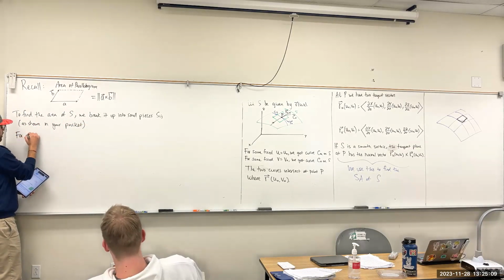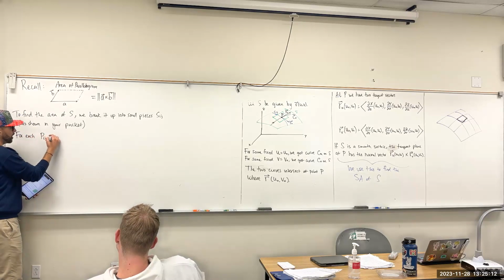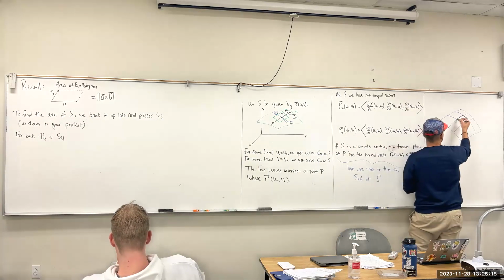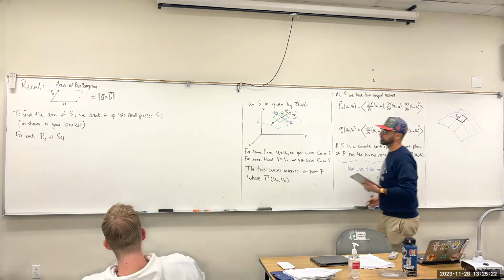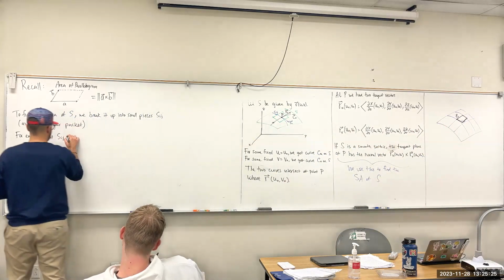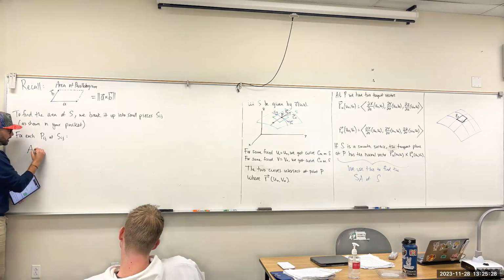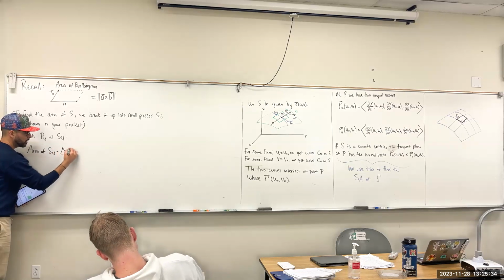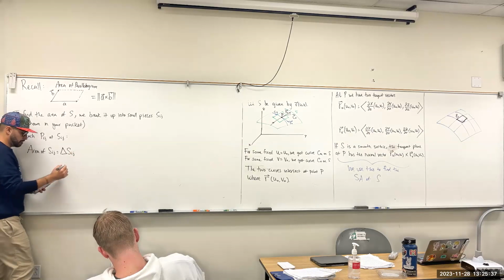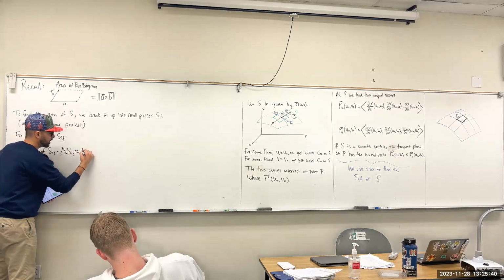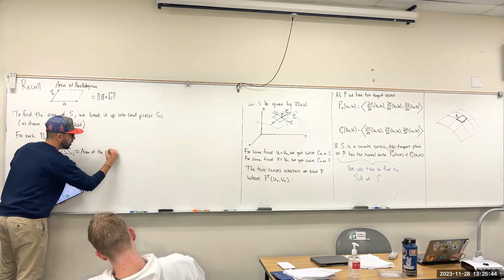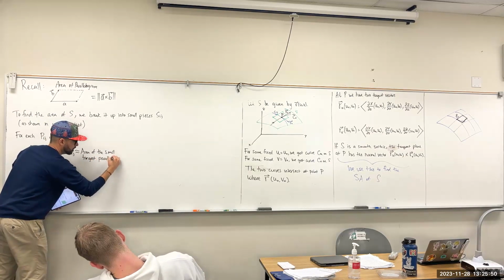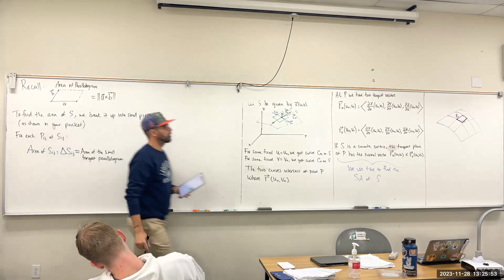For each point Pij at Sij, which is the little corner point that your packet is showing you right here, the area of Sij, which your textbook is going to write delta Sij, is going to be approximately equal to the area of the small tangent parallelogram, the one I was trying to describe here.